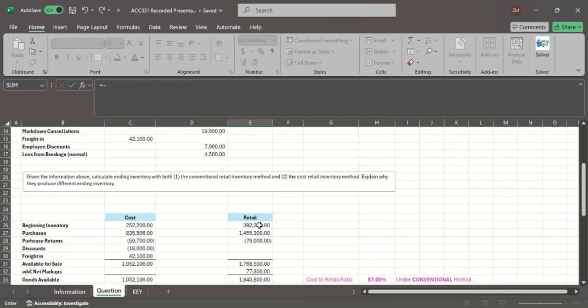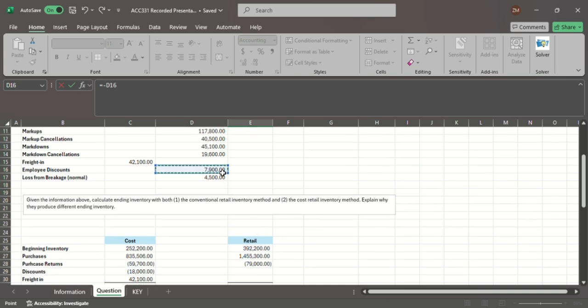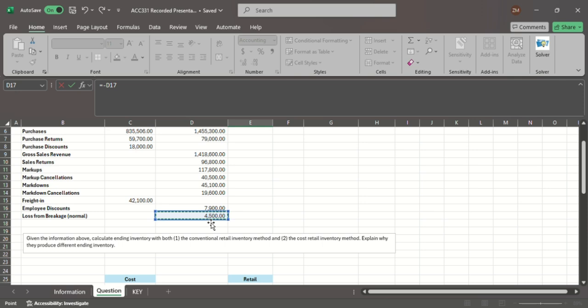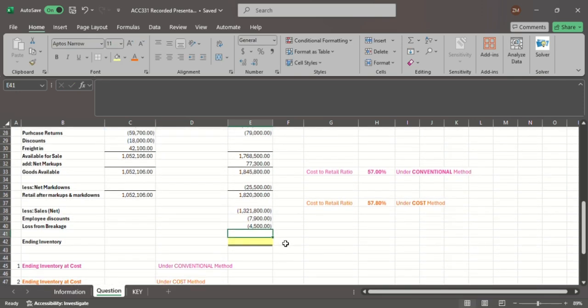And then we also have to subtract our employee discounts and our loss and breakage as explained previously in the information. We would not remove it from the cost side. We're going to sum that up from the retail after markups and markdowns down, and it helps us arrive at ending inventory.